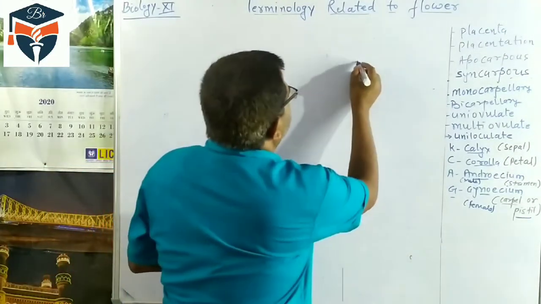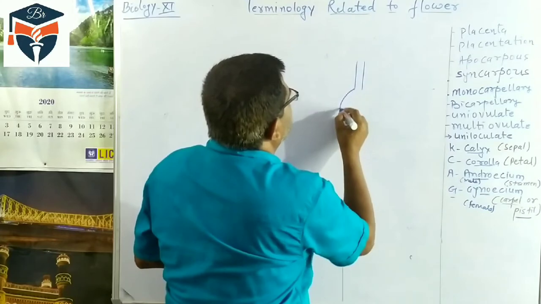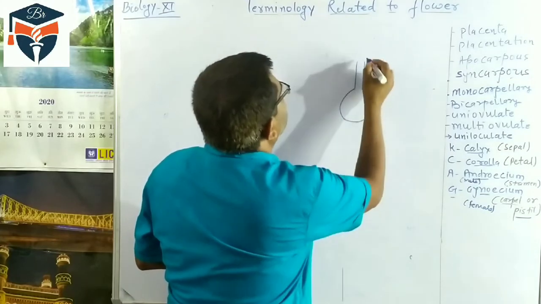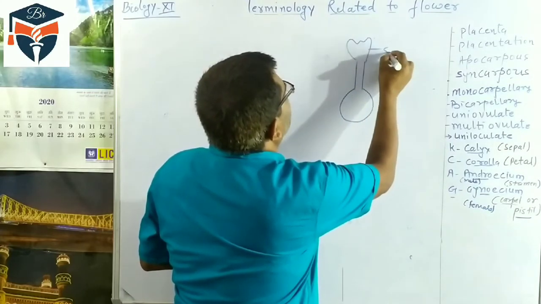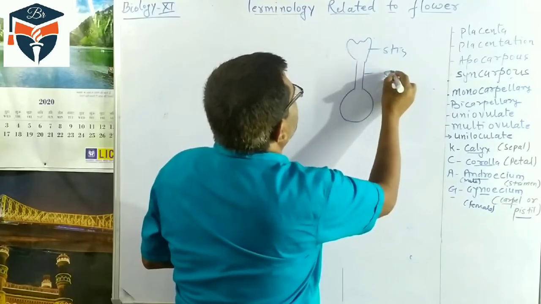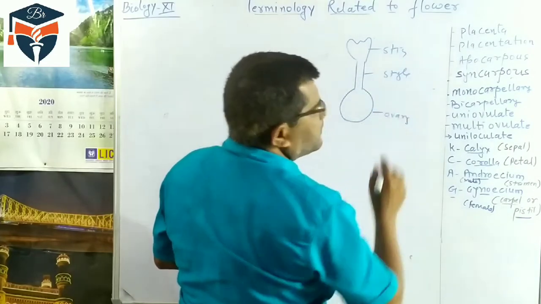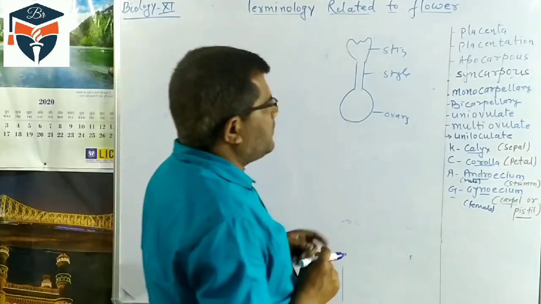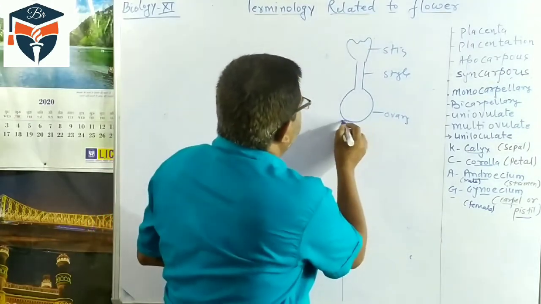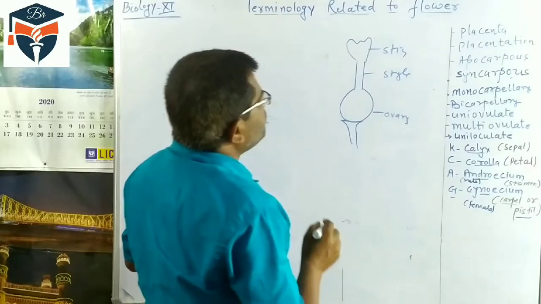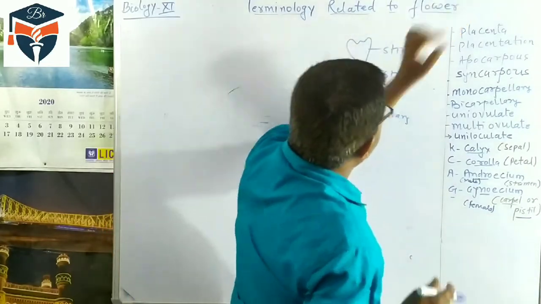Now the next terms are also here in the flower, and these terms are placenta. Students, if you see, this is the ovary. This part is the stigma, style, and ovary. These are the 3 parts of the pistil, or female part of the flower, and this is the thalamus part. In the placenta, what happens?